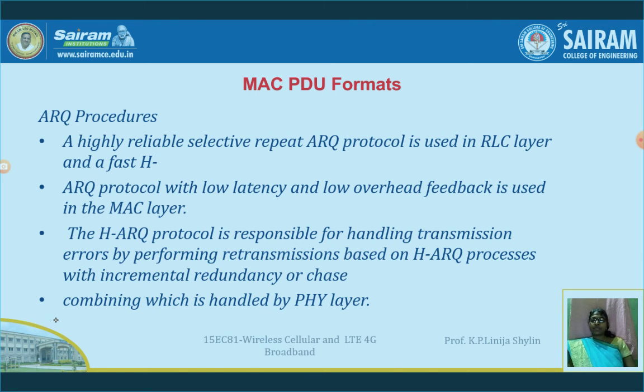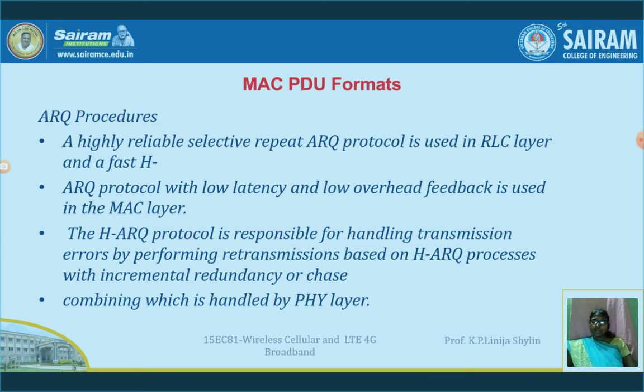Then ARQ procedures. In the case of random access, there is a medium access control header that consists of one or more MAC PDU subheaders. Each subheader contains information about the payload. So this MAC payload consists of one or more MAC random access responses and optional padding.